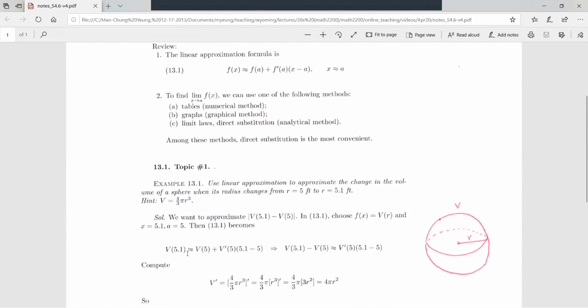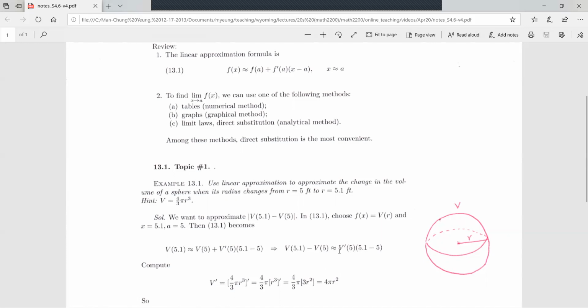Now plug this information into the formula, then we get volume at 5.1 is approximately equal to volume at 5, f of A, then derivative at 5 times X minus A, 5.1 minus 5. Move V of 5 to the left-hand side, then we get this approximation.